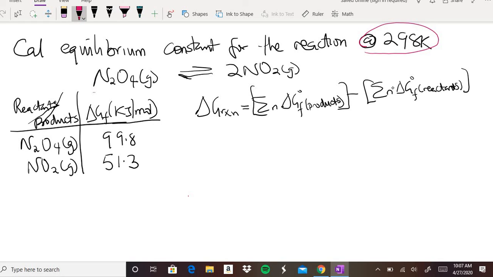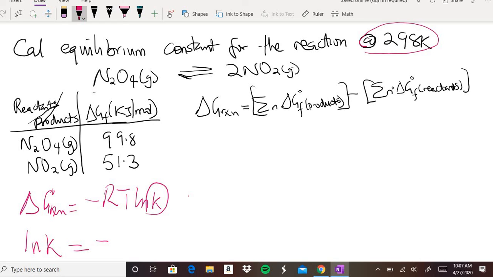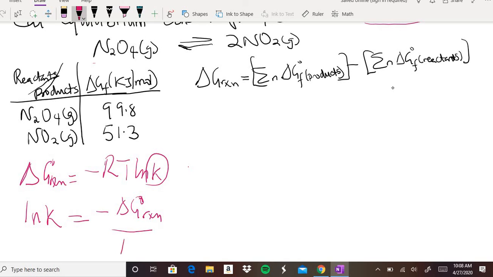To solve a problem like this, we need to remember that our delta G of reaction is equal to negative RT ln K. We are calculating the equilibrium constant, which is our K, so we rearrange this equation to give ln K equals negative delta G of reaction over RT.